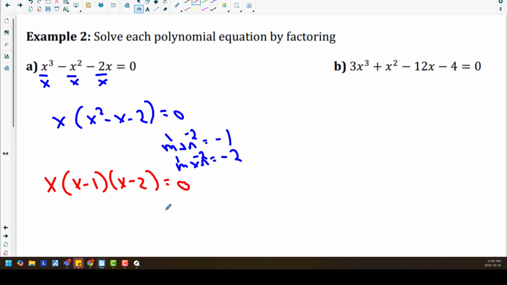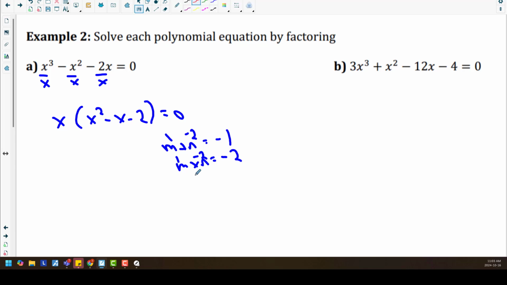Wait, did I do this right? No, doesn't look right. Wait, what? Hold on. Where did I make a mistake? No, that's right.